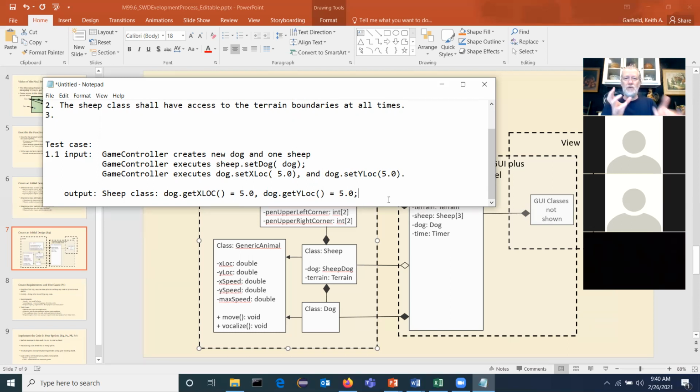Well, that's because we're doing the requirements and the design more or less at the same time with P3. Depending on the kind of development paradigm that you're in, sometimes you develop all the requirements, then all the design, and then the test cases. So the test cases do have access to the design. But notice that the requirements did not.